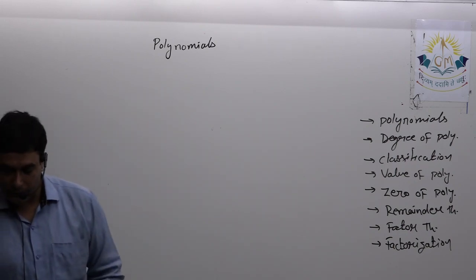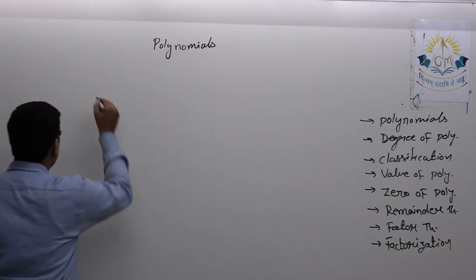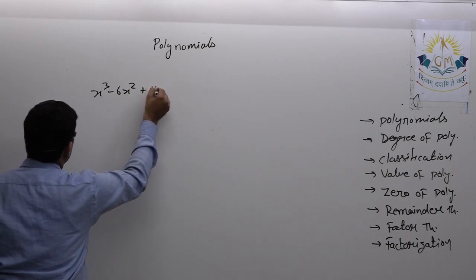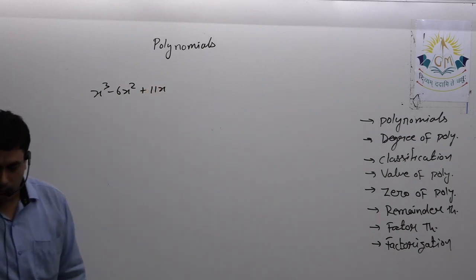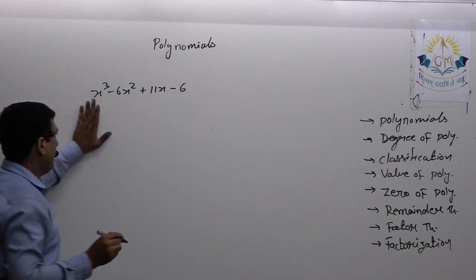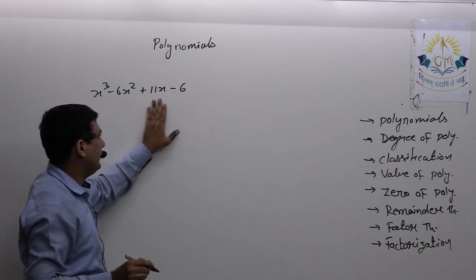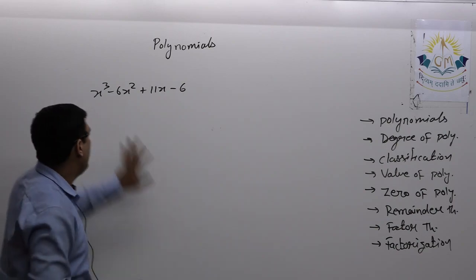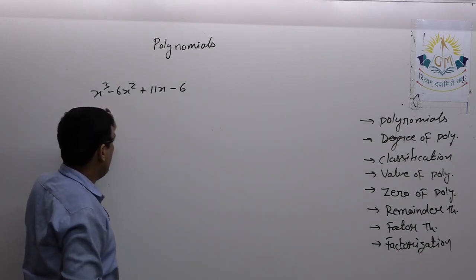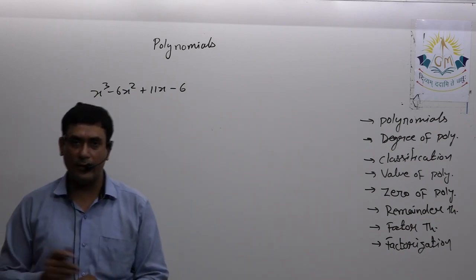So let me take the example x cube minus 6x square plus 11x minus 6. I have to factorize this. Definitely it is not possible to take common, or even if you take the common you won't be able to factorize it.